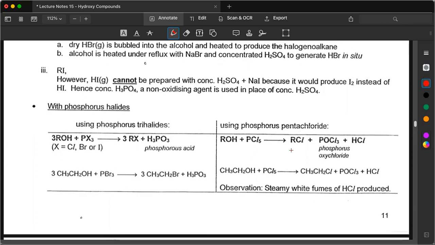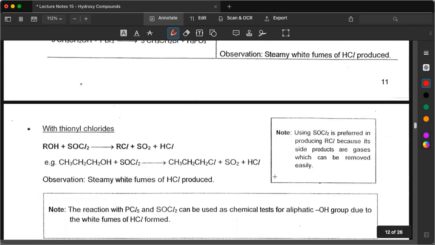And again, we will observe steaming white fumes of HCl. We can also use thionyl chloride, SOCl2, to produce these products. And again, we will observe white fumes of HCl form. The reason why this is actually a preferred method is because the byproducts are gases which can be easily removed. So the separation will be easier.